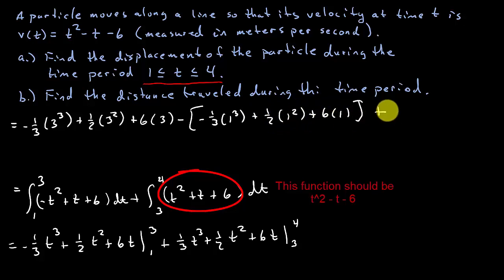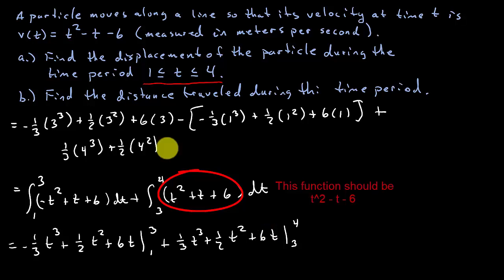And then plus, and then I've got to do this one. So let's come down here and continue. So I'm going to plug the 4 in. So that's going to be 1/3 times 4 cubed. And then plug the 4 in here plus 1/2 times 4 squared.